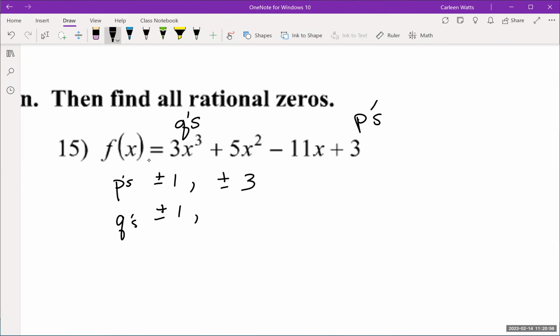Plus or minus 1, plus or minus 3. Okay, P over Q's. So shake hands and make fractions. 1 divided by 1, plus or minus 1.